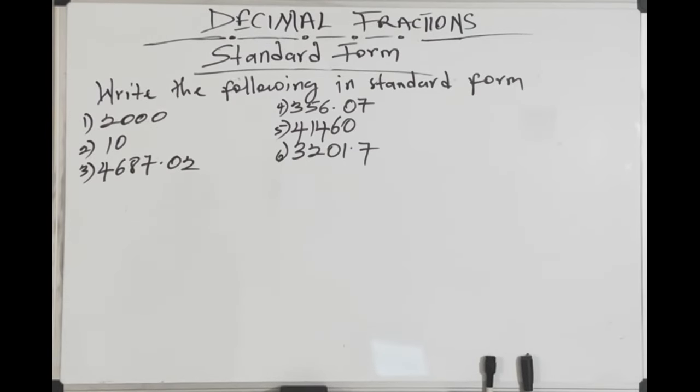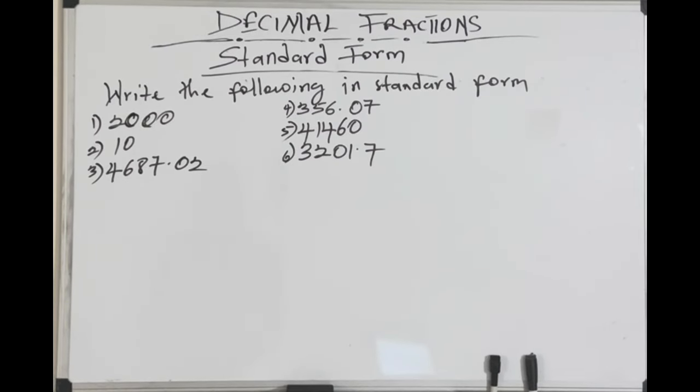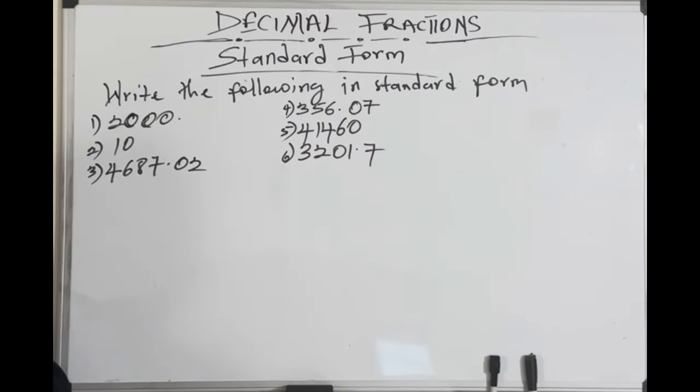So we have examples on the board. We are told to write. Let's remember that when we are moving the decimal place to the right, we get a negative power, and vice versa, when we are moving to the left, we get a positive power. Under standard form, every number has an invisible point or decimal point just after the number.